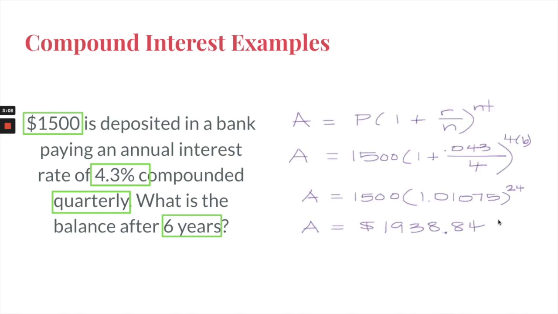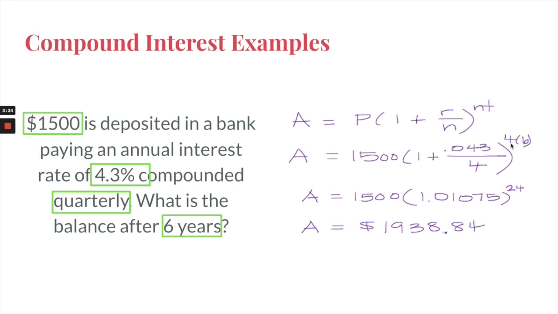So we take our general formula and we plug in these key values. When I work these problems on the calculator, oftentimes I will go ahead and do the r divided by n and then add 1 just to make sure that the calculator is following the order of operations correctly. And you'll notice here that we have 4 times 6 in the exponent. So again, 4 is from the quarterly compounding.